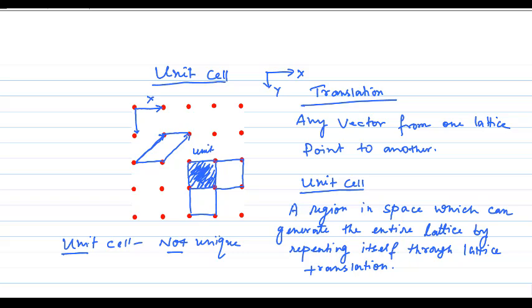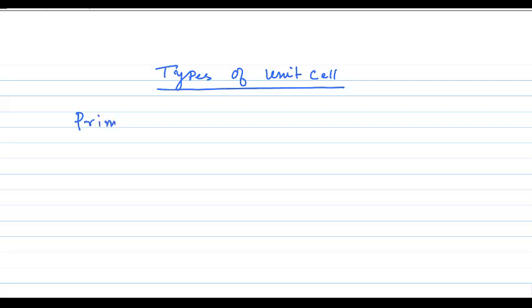We can also define types of unit cells. We can define two types. One is known as primitive and another is non-primitive.